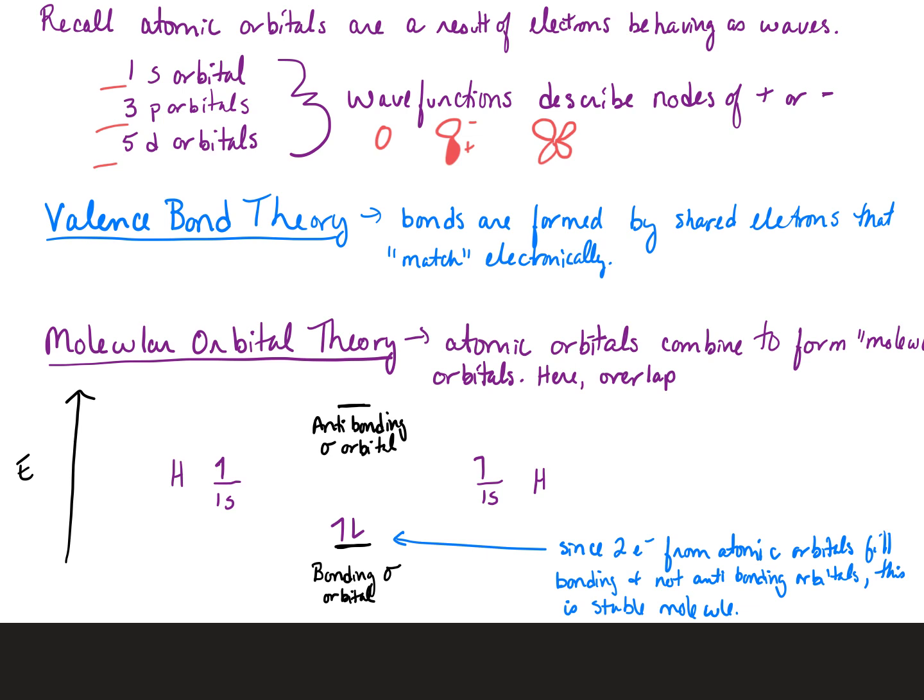Valence bond theory is where we get VSEPR from, and I'm going to go through that a little bit more. It's probably what you've been exposed to so far, so that's where hybridization comes from, sp3 types of hybridizations, and that gives rise to molecular shapes and things like that we've already seen.